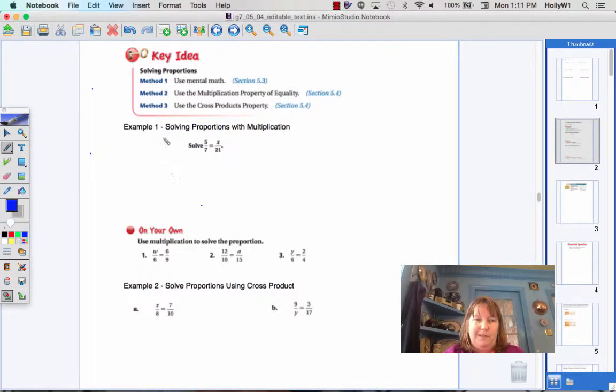So basically, this is just solving the actual equation. So 7/5 is equal to x over 21. Well, how do we isolate x? Well, we multiply it by 21 on both sides. This simplifies, so you're left with x.